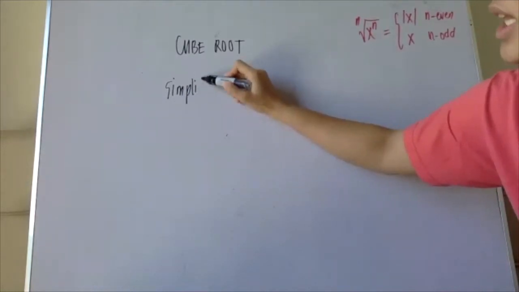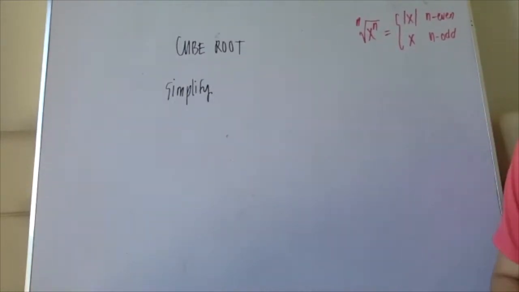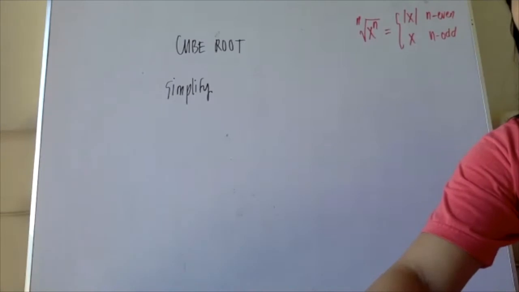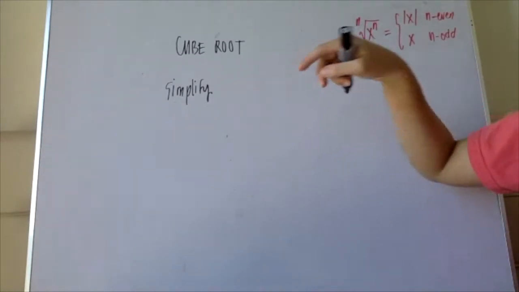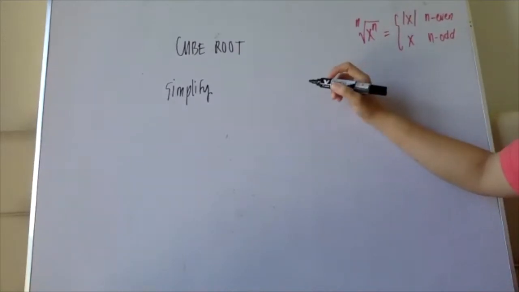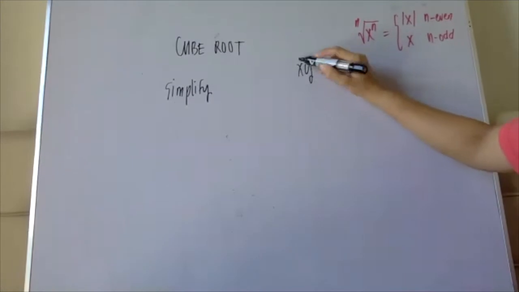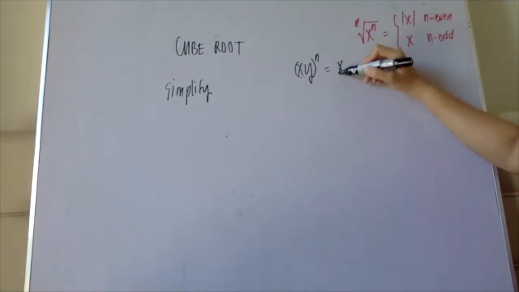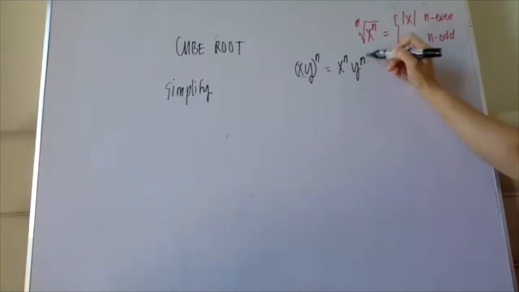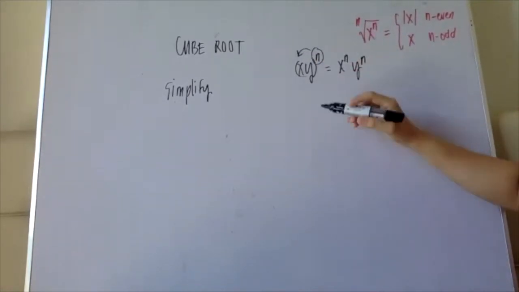Ano nga yung sinabi natin last time? Yung mga laws of exponents natin, nag-a-apply pa rin dito, right? So, recall lang natin yung power of a product rule natin. Ano nga yung power of a product? So, kapag may product ka na naka-raise sa power, this is just equal to x raised to n, y raised to n. So, pwede mo siyang i-distribute.